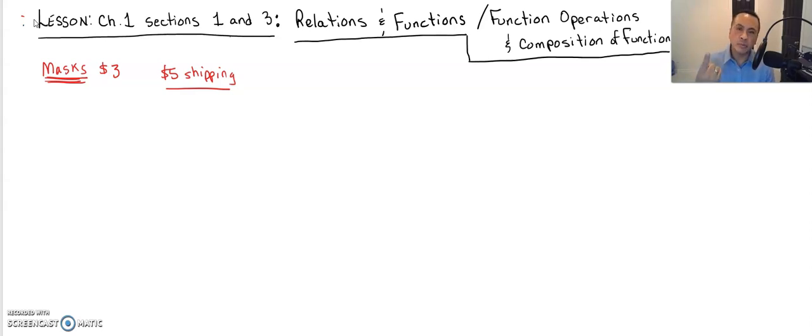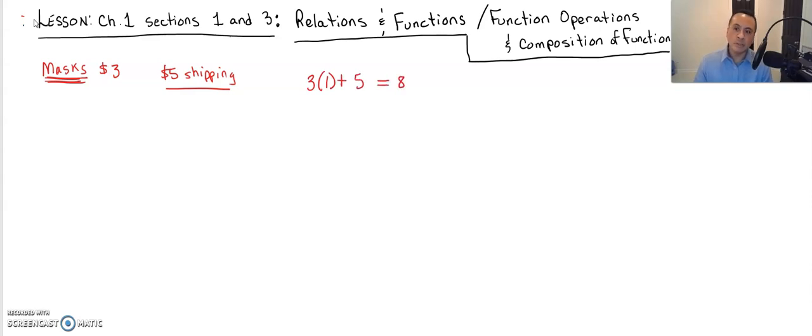So if you ask for one mask, you're going to spend 3 times 1, that's 3, plus 5, that's 8. You're saying 3 times 1 plus 5 is equal to 8.